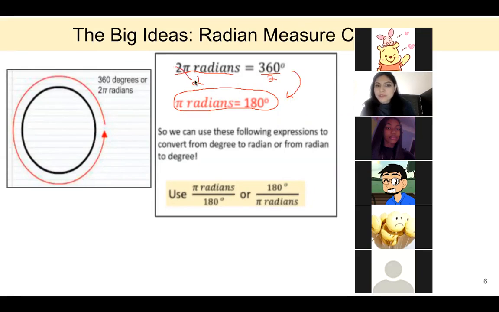So 2 pi divided by 2 gives you pi radians, and 360 divided by 2 gives you 180. This is a shorter, nicer formula to use when we convert. That's why we use either pi over 180 or 180 over pi to convert between our units. That addresses a question that came up.